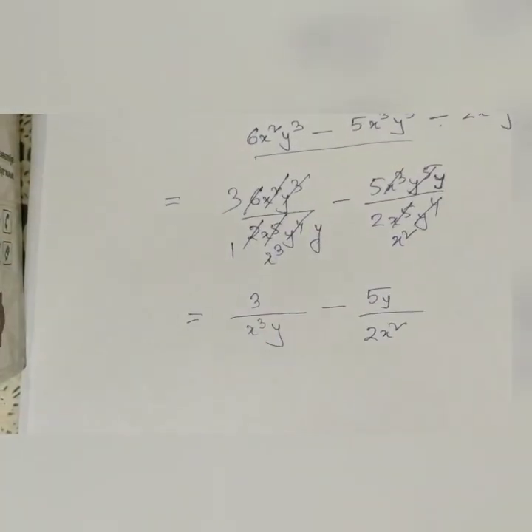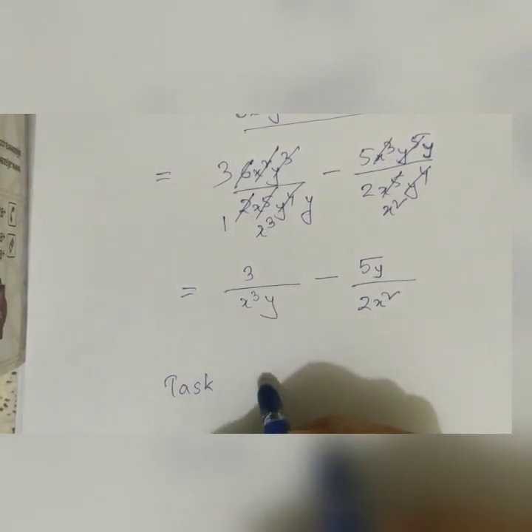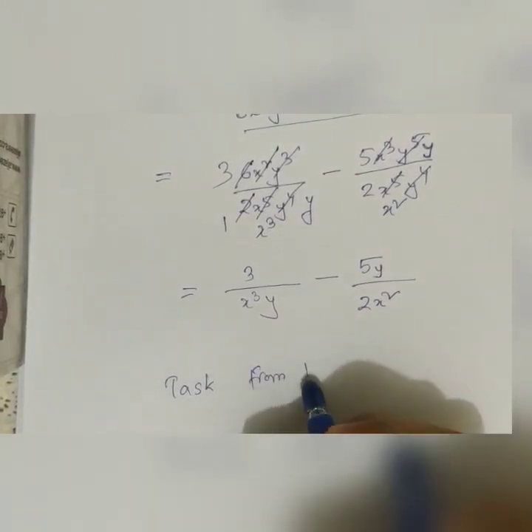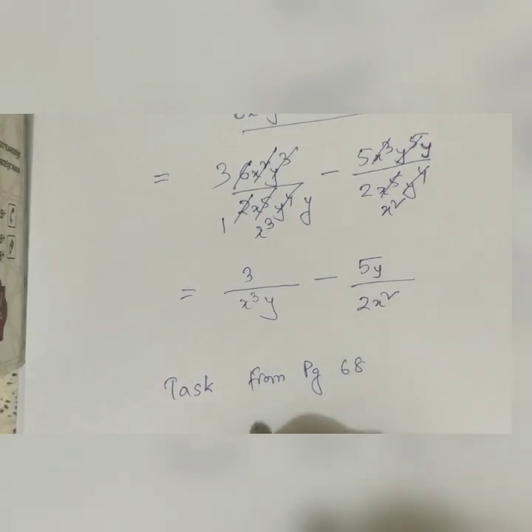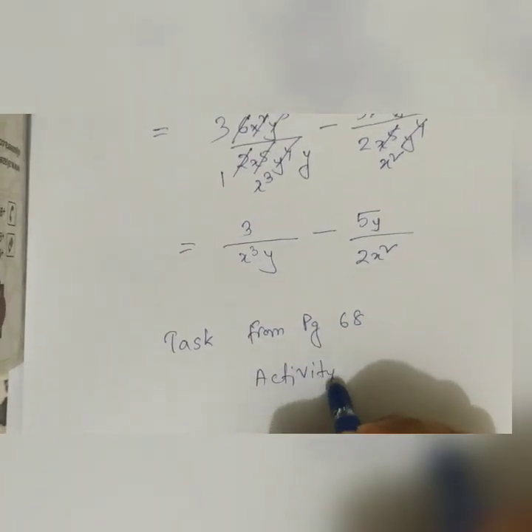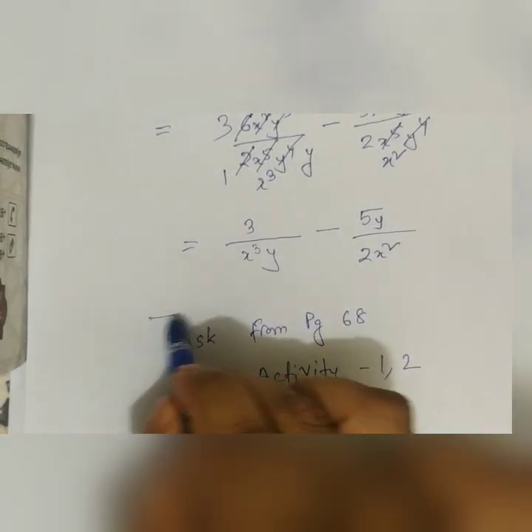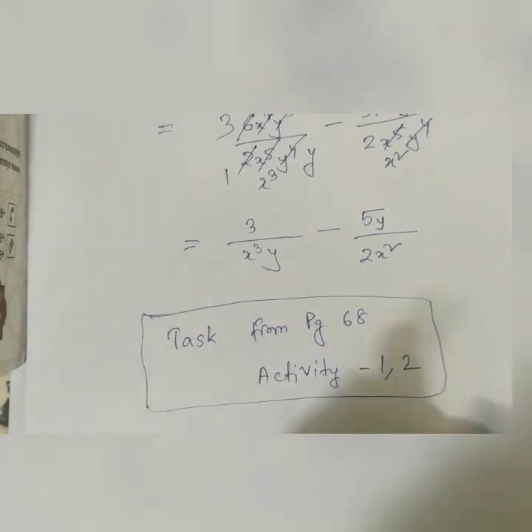So finally we are going to move on to our final topic. For this, please solve the task from page 68, activity 1 and 2. Solve it at home. Okay.